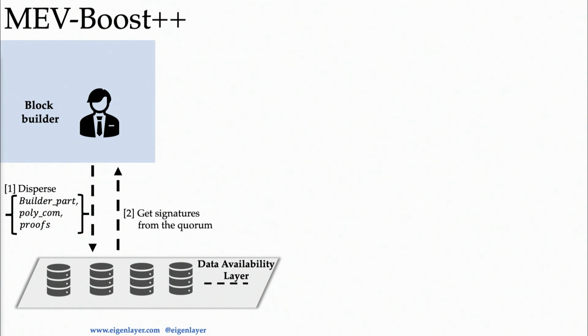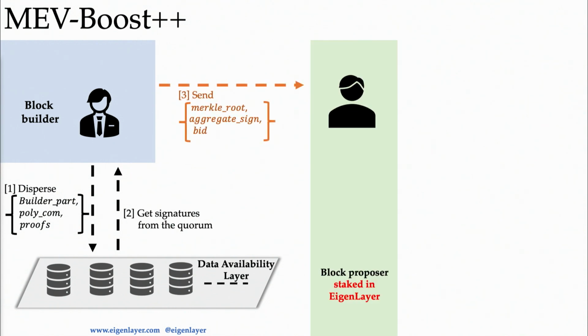Each of these nodes then sends back a signature saying that they have received a share corresponding to this commitment. That goes back to the block builder, who then signs off on that commitment, saying that, hey, I have a certificate from the data availability quorum that I have dispersed my data to this quorum. You take an aggregate signature and send it to the block proposer.